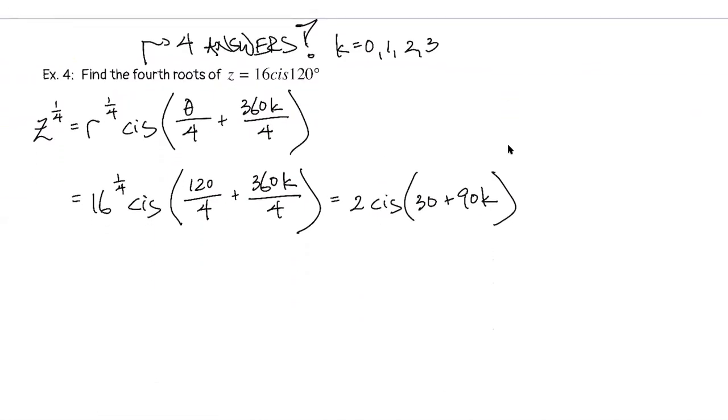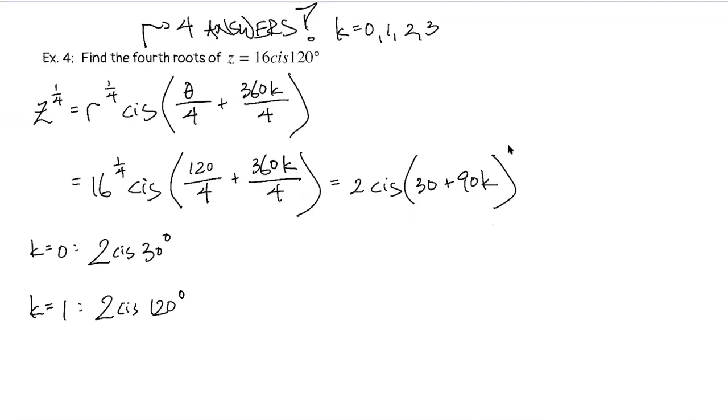Okay. So when we plug in k equals 0, we're going to get 2 cis 30 degrees, because that 90 times 0 goes to 0. When we plug in k equals 1, we get 2 cis 120 degrees, because 30 plus 90 gives us 120.